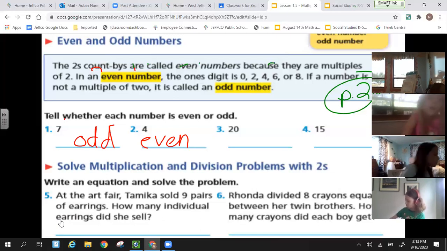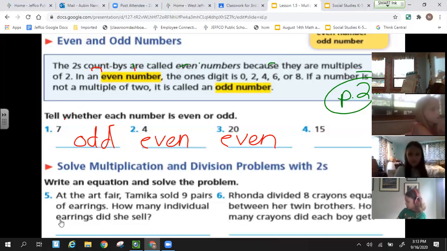Odd or even, 20? Correct. How do you know? Excellent. You have 2 groups of 10.